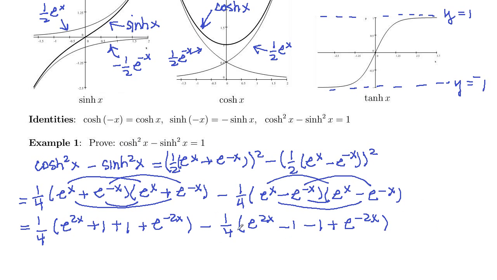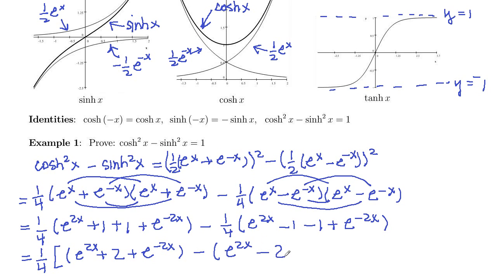And then we can take this 1/4, it's common, and we can factor that out in front. And what we have left here then is e to the 2x plus 2 plus e to the negative 2x. And then minus the 1/4 we factored out, e to the 2x minus 2 plus e to the negative 2x.